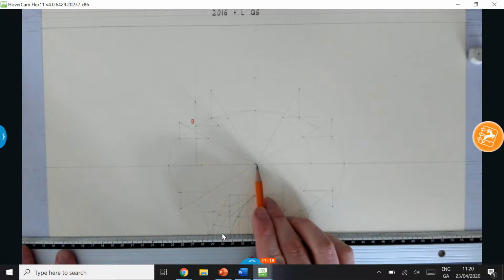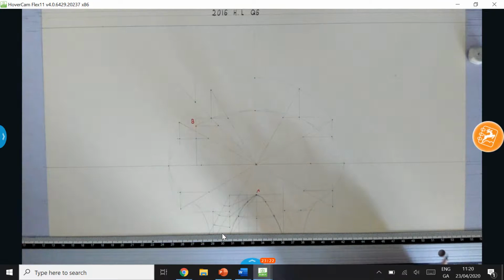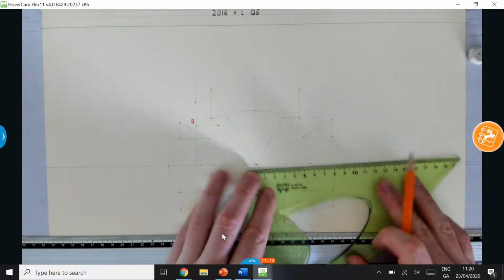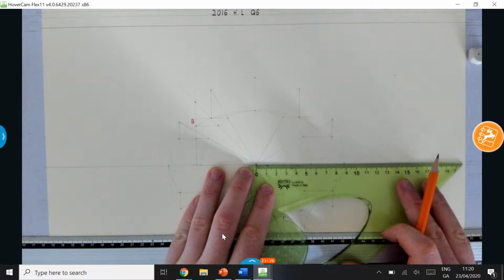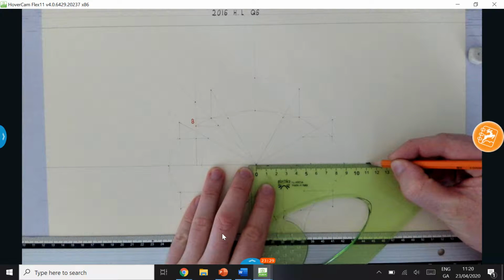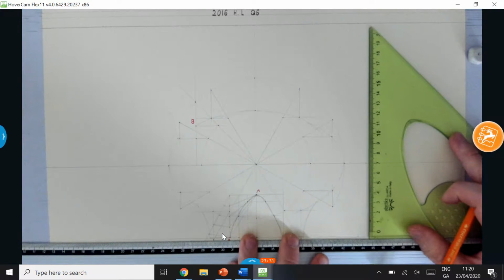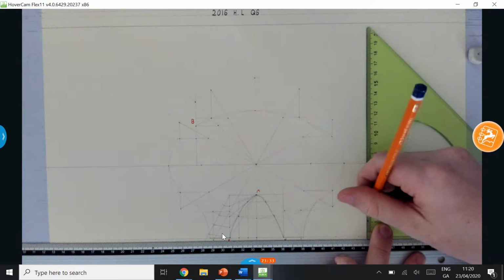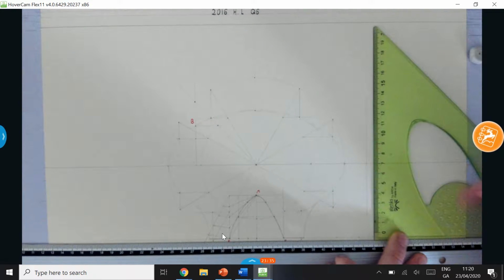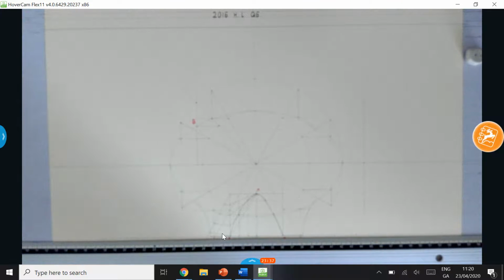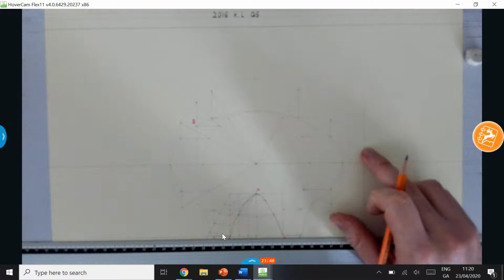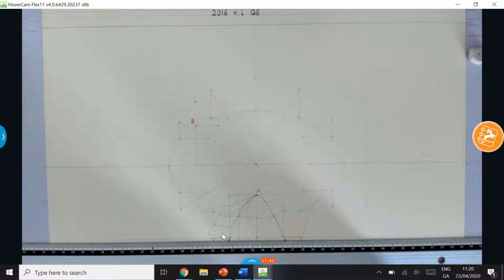So from this center point, we're going to measure out 110 mil and draw a vertical construction line. And we're going to measure up this 20 mil and down 20 mil.